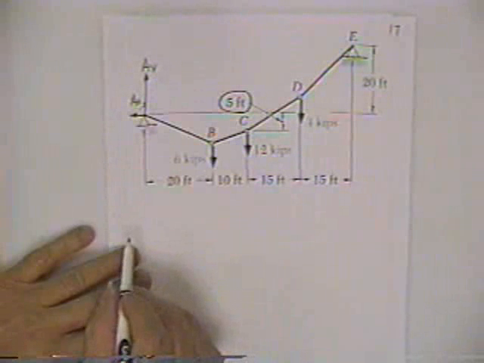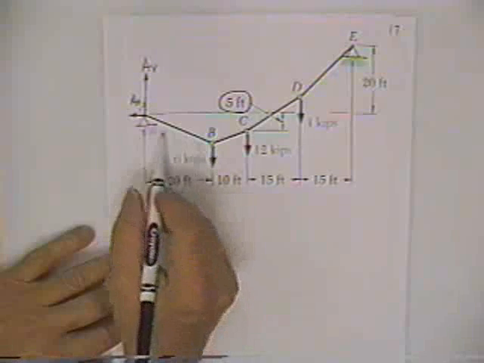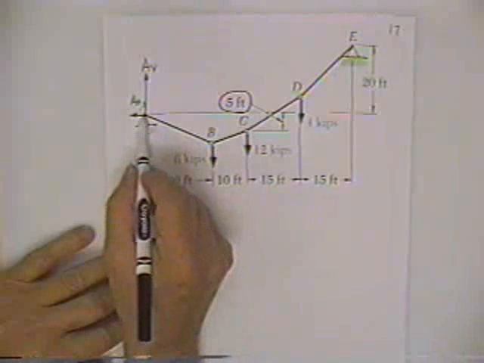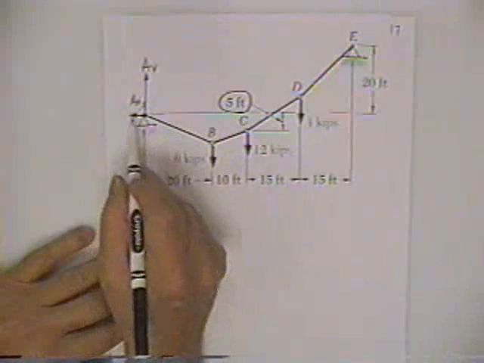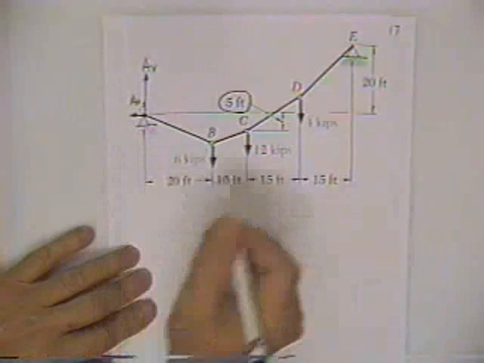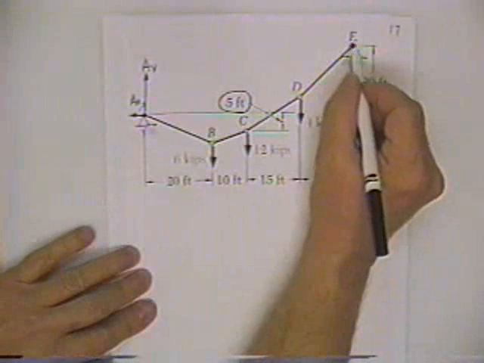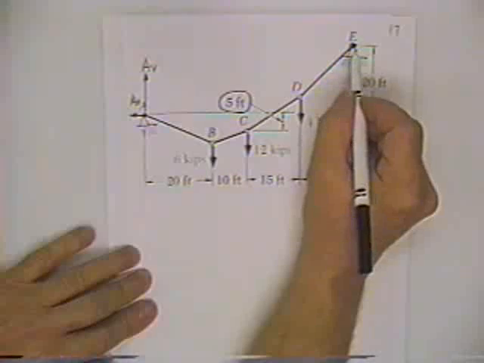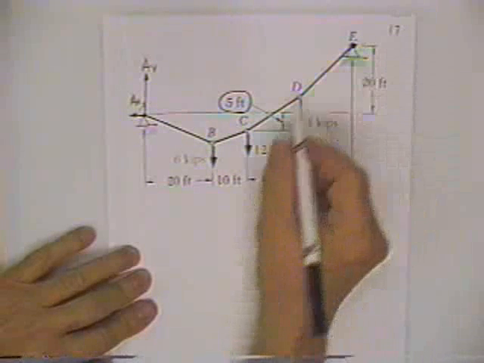In that case, there's really not much question which way they go. Since the cable is pulling down and to the right, the reaction will have to resist up and to the left. But there are two unknowns, and we do not know their magnitudes. You can, however, go over here to joint E and sum moments about that point.